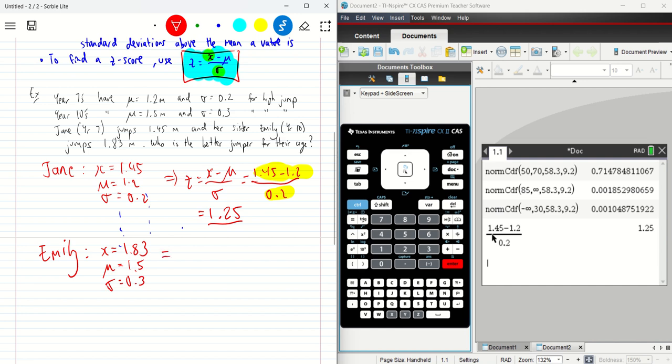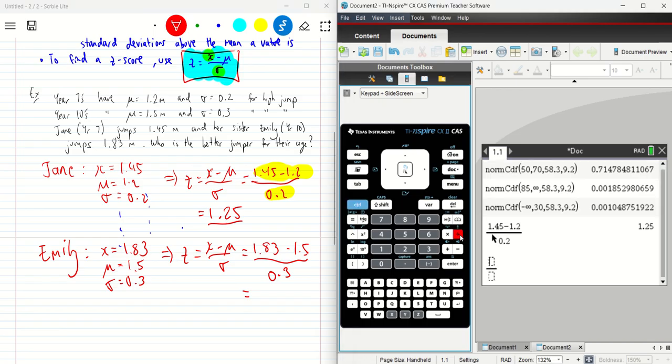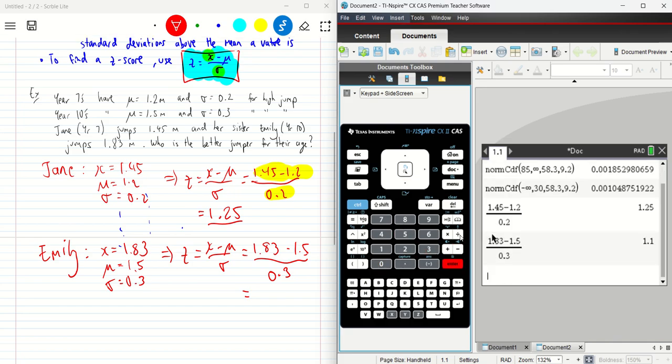So what is Emily's Z score? Her Z score, X minus mu over sigma, is equal to 1.83 take away 1.5, divided by 0.3. Again, put it all in the calculator: 1.83 take away 1.5 over 0.3, and she gets a Z score of 1.1.